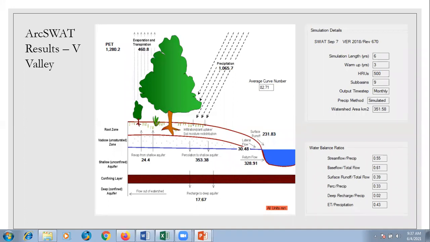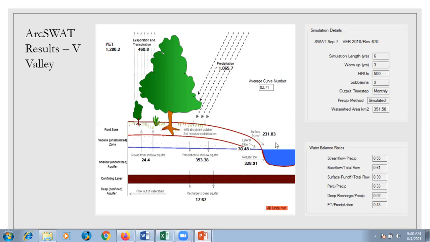Then the other abstractions, you look here: the shallow aquifer recharge, 24.4 units, mm. The percolation to shallow aquifer, 353.38. This is re-evaporation, this is percolation. Then lateral flow, just below the surface of the soil, 30.48.